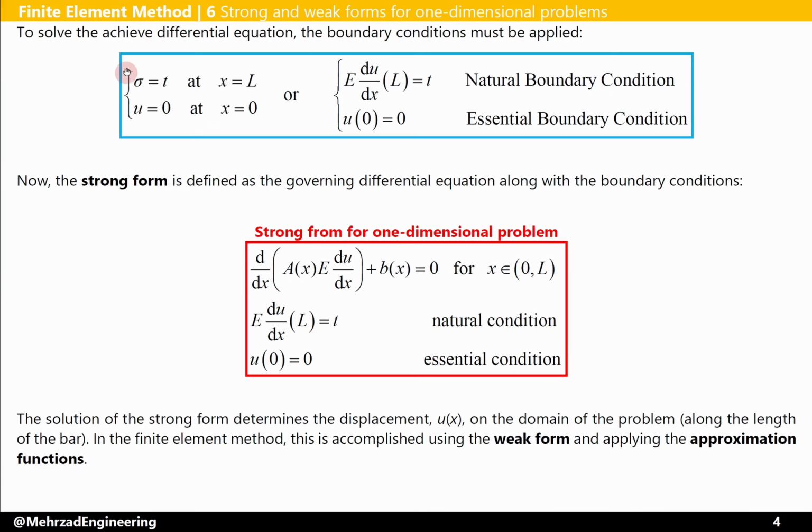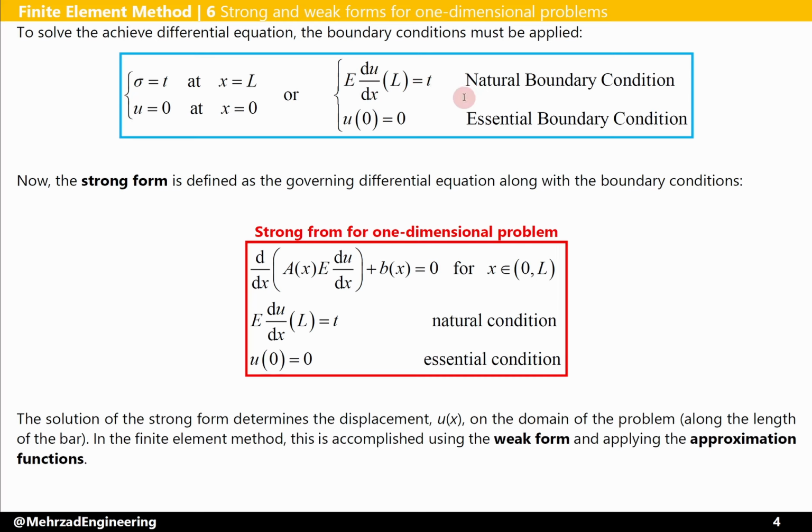To solve the obtained differential equation, the boundary conditions must be applied. The boundary conditions here are sigma is equal to t at the end of the bar, x is equal to L, and displacement is equal to 0 at the beginning of the bar, which is x is equal to 0. Or we can write, instead of sigma, E times du divided by dx at L is equal to t.